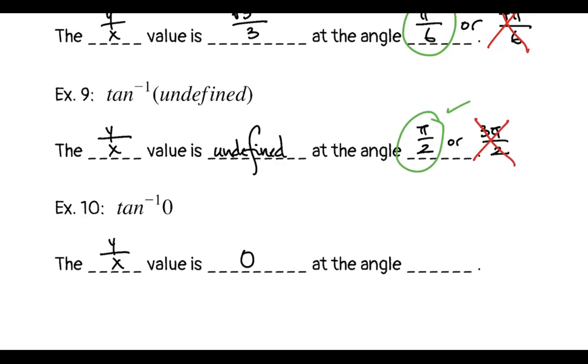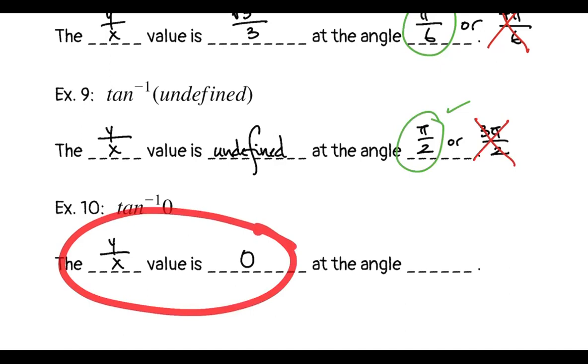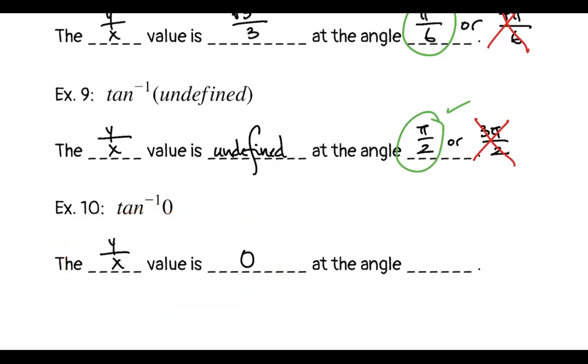And last question here, inverse tangent of 0. What are we really looking for here? Where the sine is 0, right? The only way to get 0 out of a fraction is when the numerator equals 0. All right, so which angles have a sine of 0?